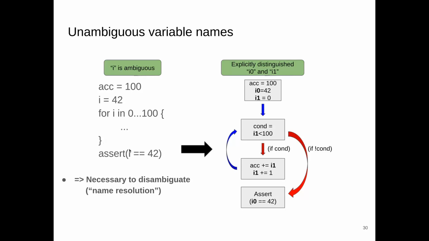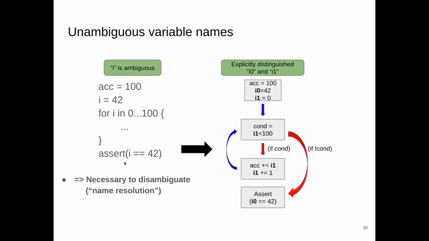I is declared here, and let's say it is the nearest declaration of this I. So this I in the assertion should resolve to the declaration in here. The reason why it doesn't resolve to this I is that it is in the nested block, and the effect of the for loop's I declaration is over at the same time that this for loop has ended.